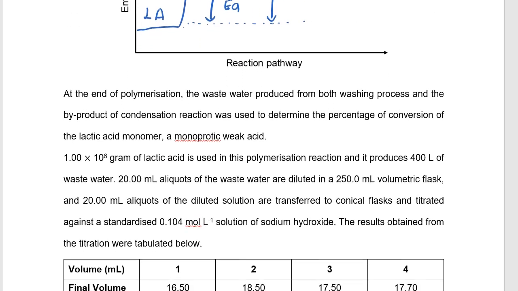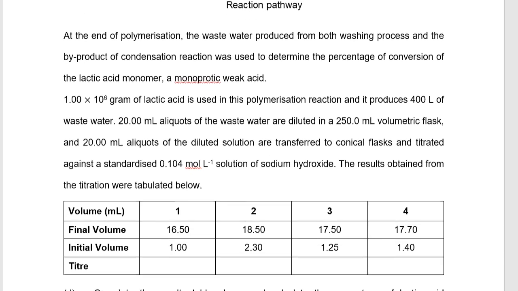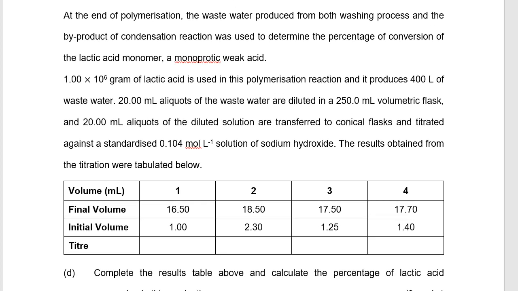Right, next, titration experiment. Okay, at the end of the polymerization, the wastewater produced from both washing process and the byproduct of condensation reaction was used to determine the percentage of conversion of the lactic acid monomer. Now, I noticed a lot of students could not understand the whole purpose of the titration.